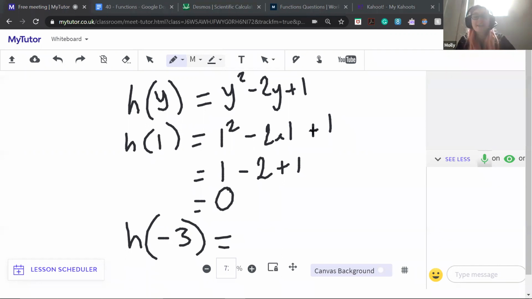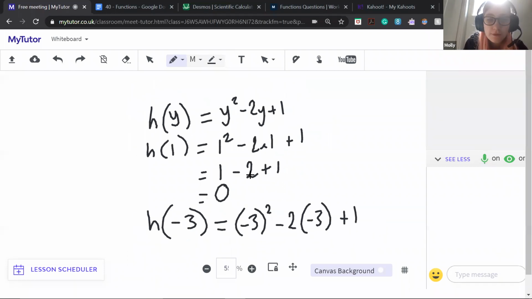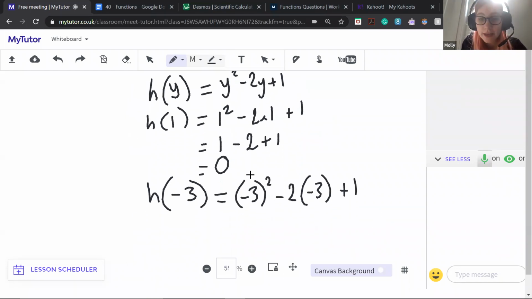So the thing to remember here is that this is going to be minus 3 squared minus 2 lots of minus 3 plus 1. So you see we've just popped in minus 3 every time we see a y.